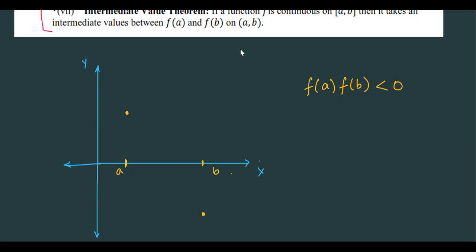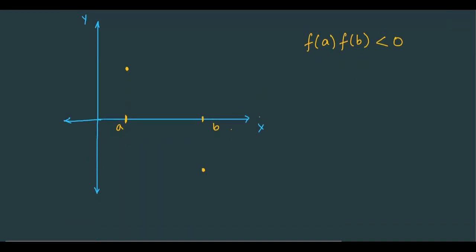And the function is continuous. Because the function is continuous, what happens? You have to join these 2 points with a curve without a break.